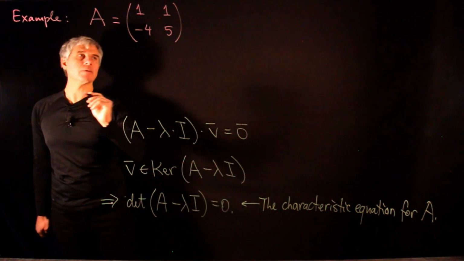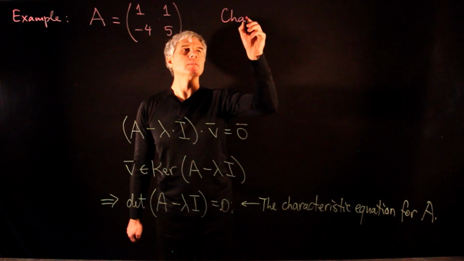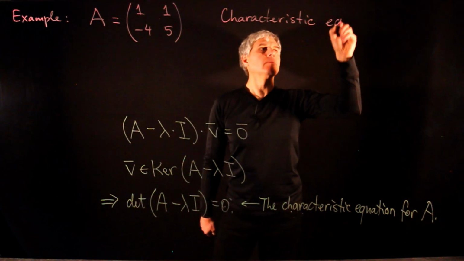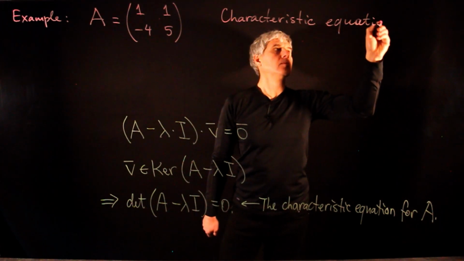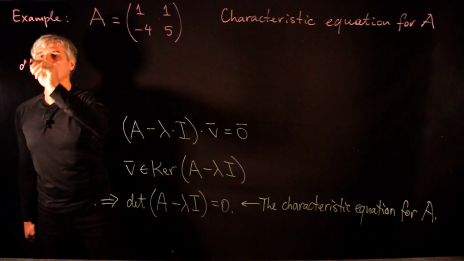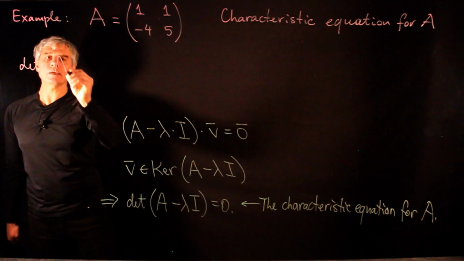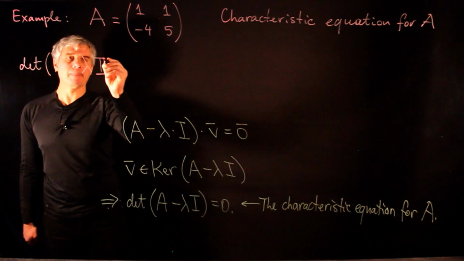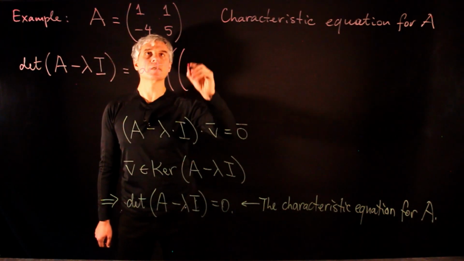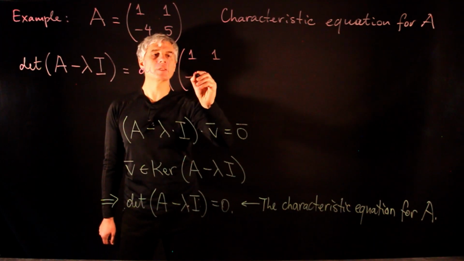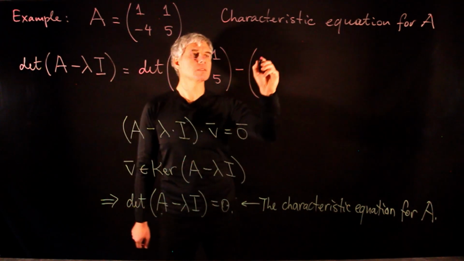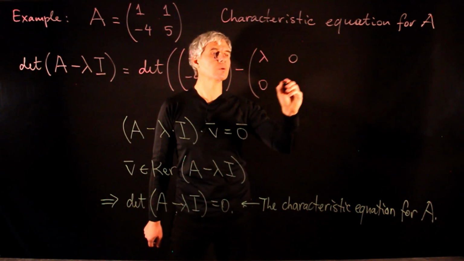And let us consider the characteristic equation for A. So here we need to take the determinant of A minus lambda I. We have a determinant of a difference of two matrices: 1, 1, minus 4, 5, and lambda times I, which is the matrix lambda 0, 0, lambda.